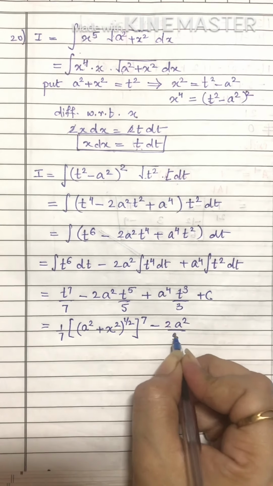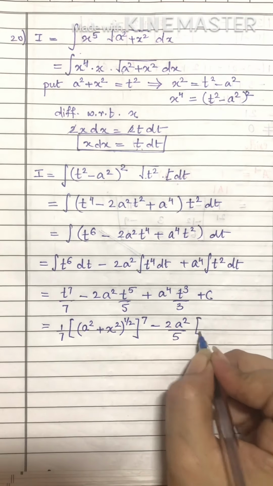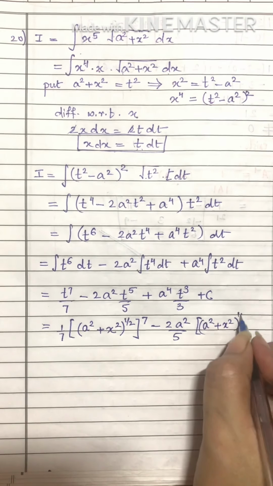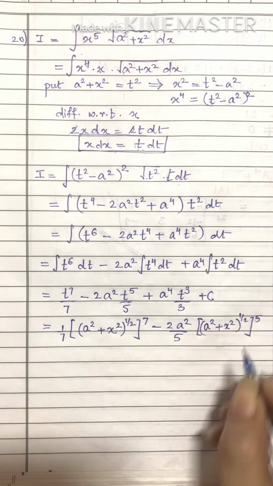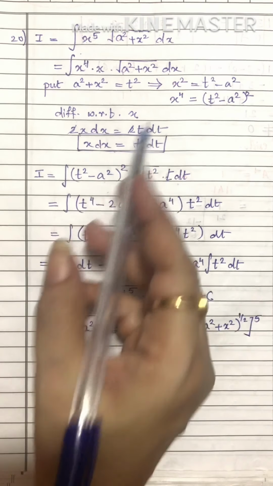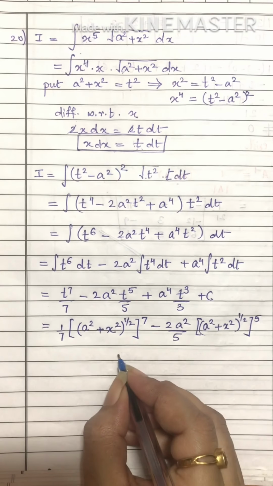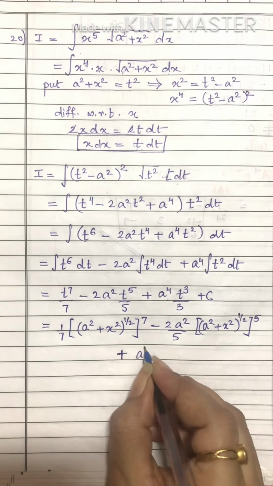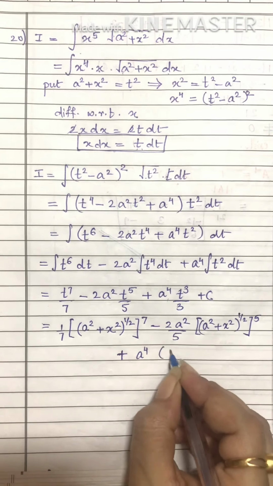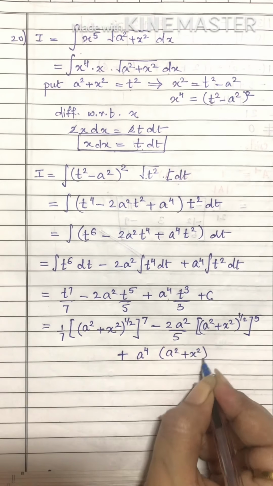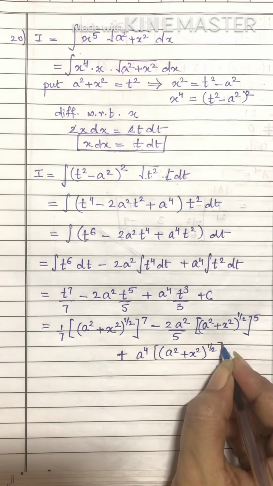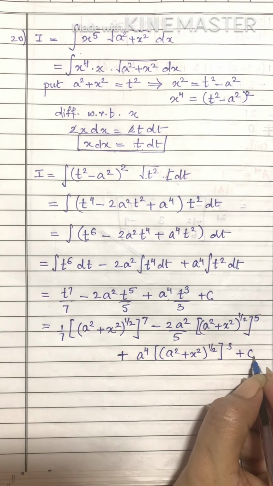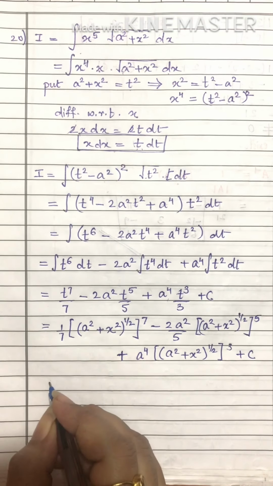2a square upon 5 into a square plus x square whole raised to 1 upon 2. See, this 1 upon 2 I am taking because of the root sign, okay? And plus a raised to 4 into a square plus x square raised to 1 upon 2 whole raised to 3 plus c. Okay, it's done. This we will multiply and write down the final answer.